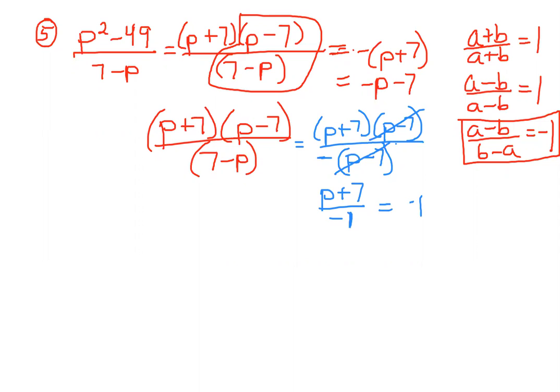It can just be negative p minus 7. So whichever one of those makes the most sense to you. That might have been too confusing. If you want to use this little thing over here, whatever you want. You just need to know that when they are opposite of each other, you've got to put a negative in there.